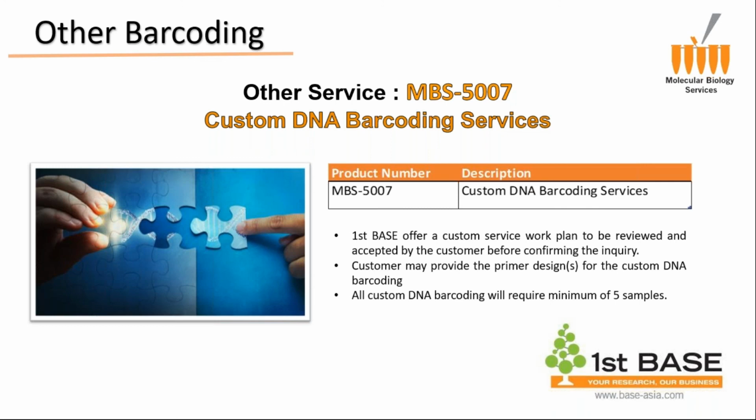If you confirm and you are satisfied with the plan, then we can help you proceed accordingly. What you need to do is provide the primer design for the custom DNA barcoding. But there is a terms and condition: all custom DNA barcoding requires a minimum of 5 samples, at least 5 samples. If more than that, no problem, but it shouldn't be less than that.